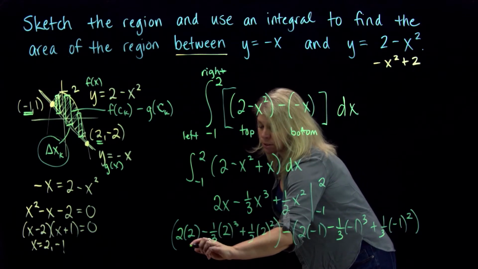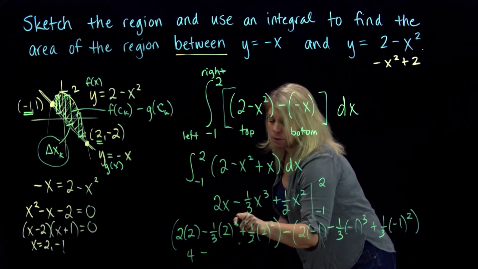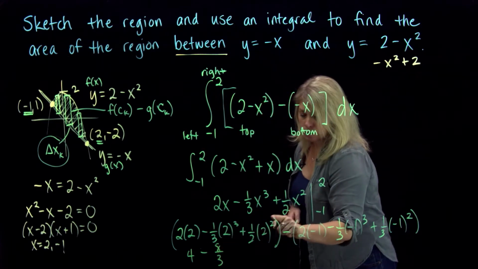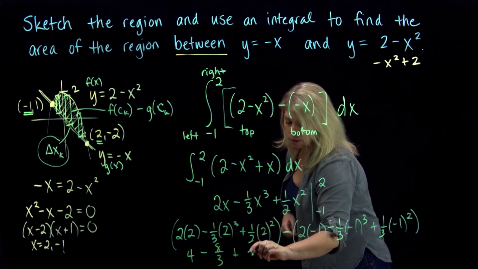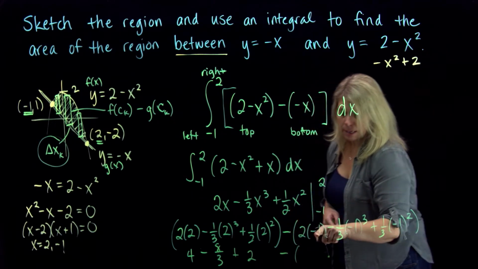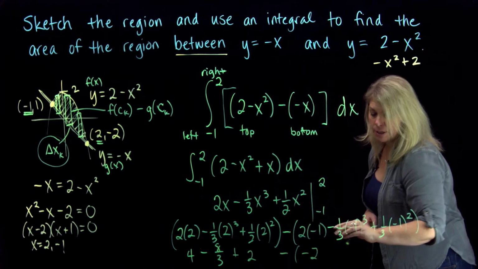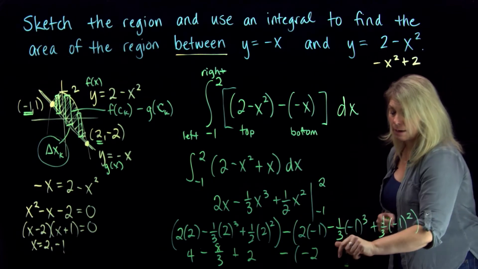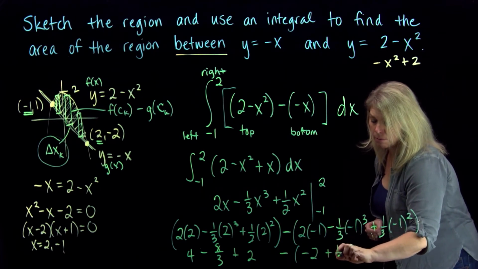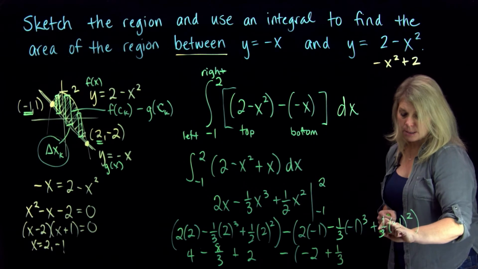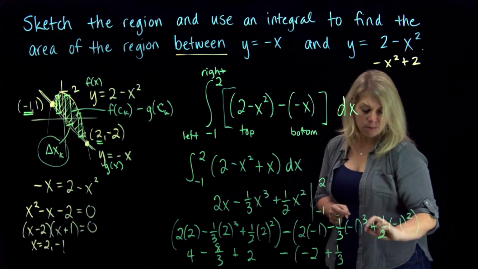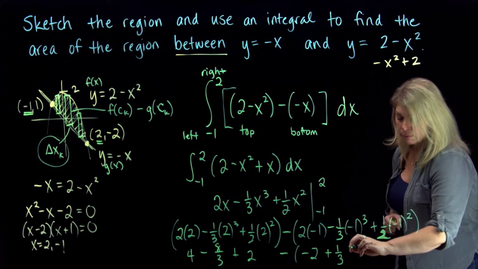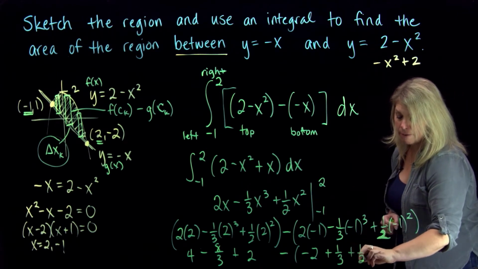So 2 times 2, that's 4. 2 to the third is 8, so minus 8/3. 2 squared is 4, times 1/2 is 2. And then here, 2 times -1 is -2. -1 cubed is -1, times the -1/3 will make that plus 1/3. And this is supposed to be 1/2, sorry, I wrote that down wrong. -1 squared is +1, times 1/2 is 1/2.